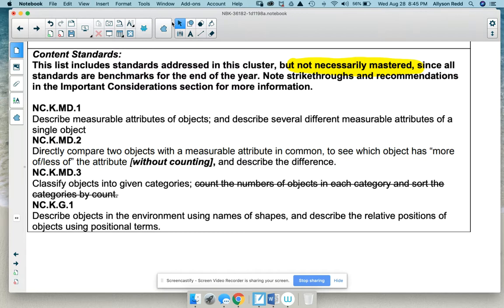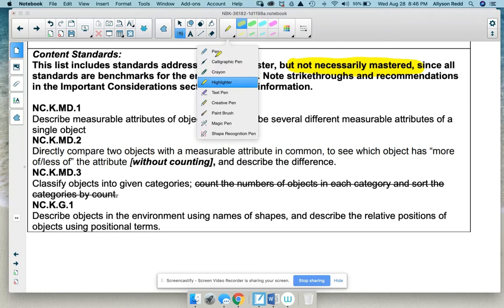We are going to continue to revisit a lot of this information throughout. So don't freak out if they don't have it all in the 2 to 3 week time period. Also, the other reason why this piece is struck out is because we will not be using that during this cluster.